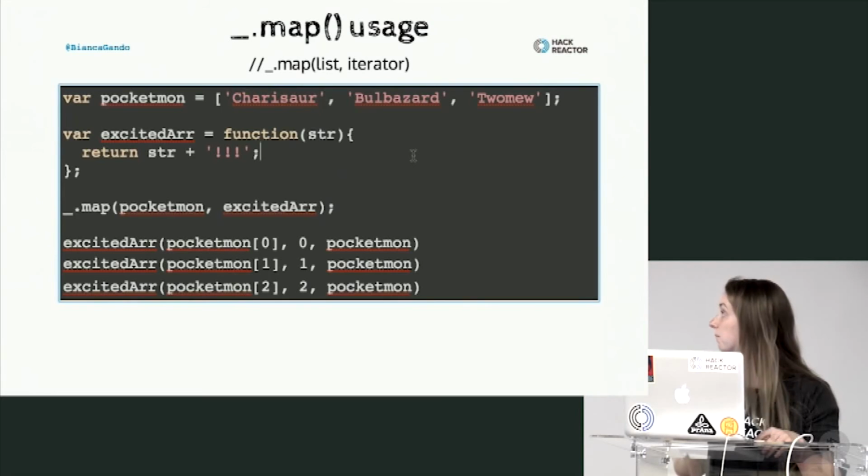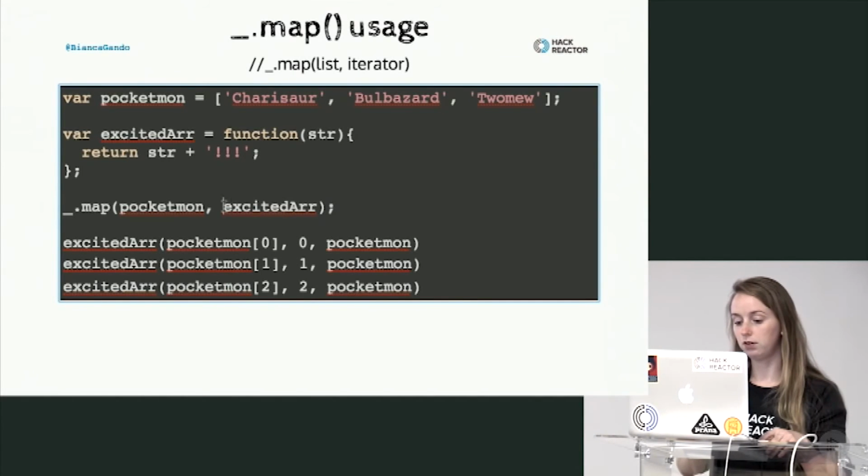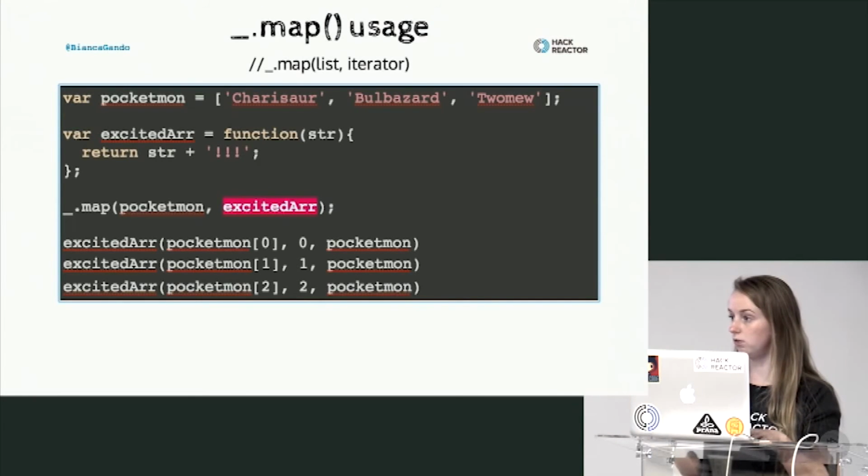Question: is passing the function in the underscore map parameter the same as calling it? When you pass it to map, you aren't calling it, but map calls it for you. So yes and no. If you don't want this function to be called, then you shouldn't be passing it to map, because under the hood, map calls the function for you.